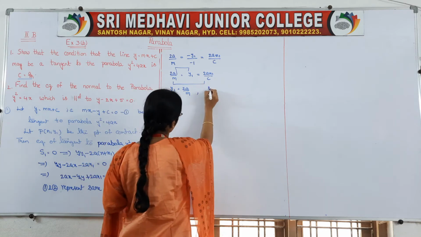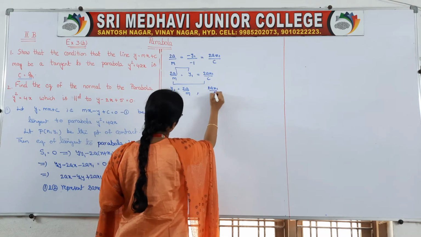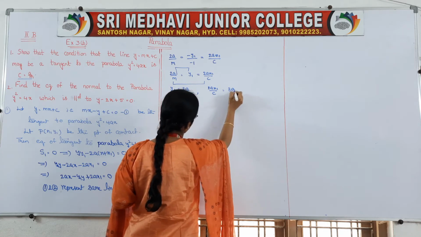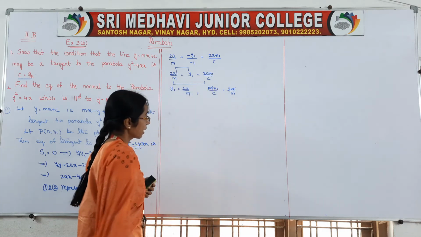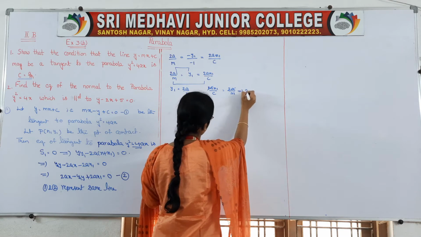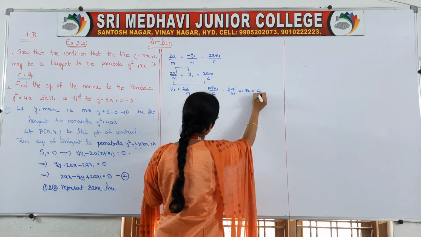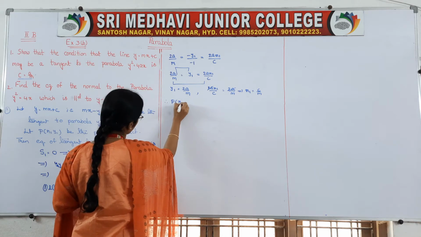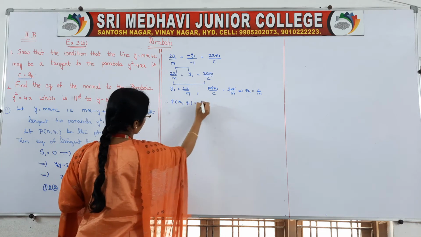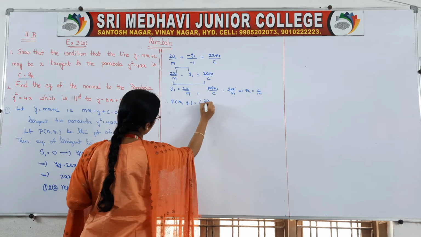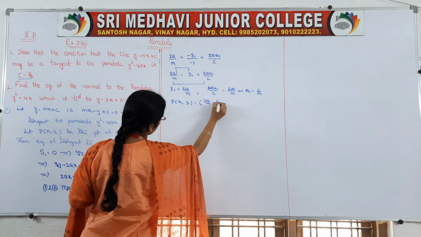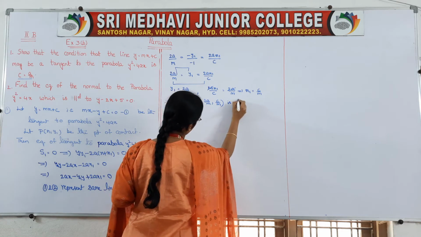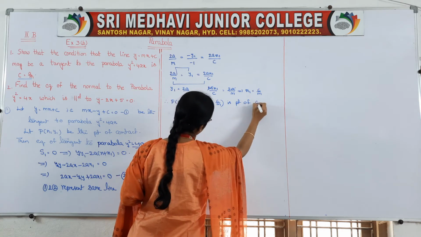So, it is 2a x1 by c is equal to 2a by m. 2a cancel, and what is your x1? x1 is equal to c by m. Therefore, P(x1, y1) is equal to (2a by m, c by m) is the point of contact.